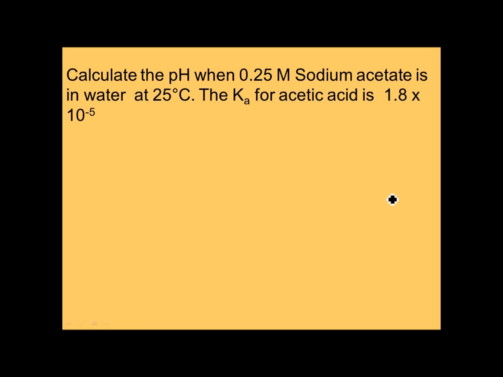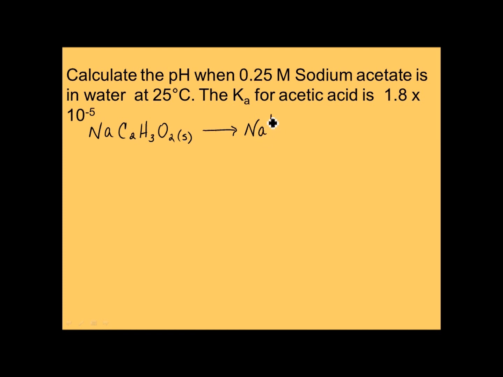All right, now this one is different. This one is a completely different problem. You have to analyze the situation. Sodium acetate in water. This is a soluble salt. This is from chapter 4.